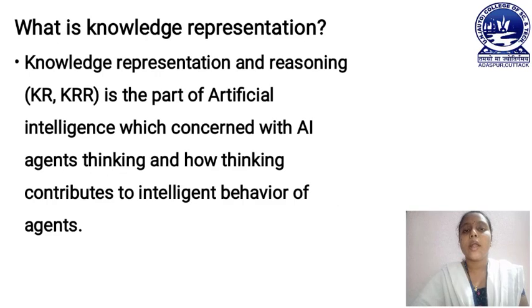Next, what is knowledge representation? Knowledge representation and reasoning is the part of artificial intelligence which is concerned with how the agent thinks and how its thinking power contributes intelligence to its behavior. That is knowledge representation.